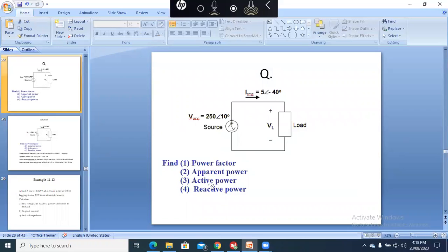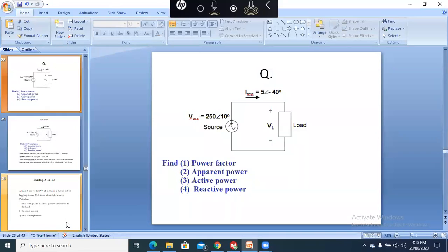It is the same problem I have shown you earlier. I have told you the method how to solve this. So you have to calculate the power factor, apparent power, active power, and reactive power.